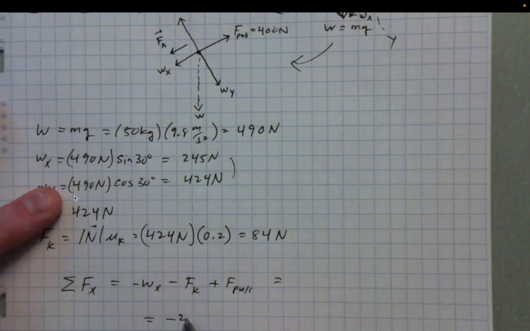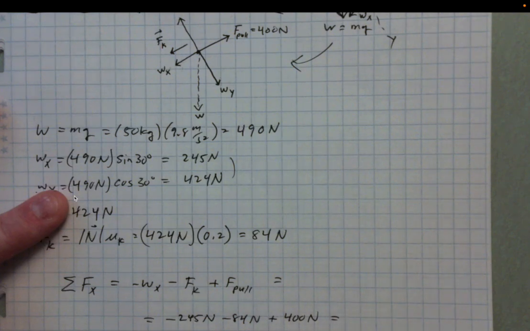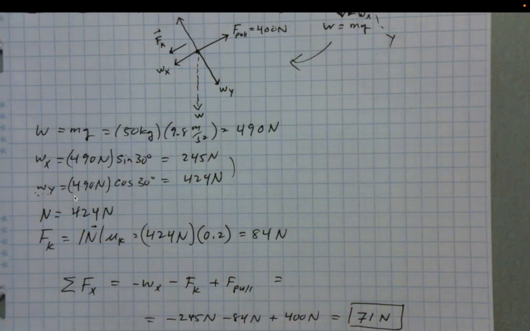So negative 245 newtons minus 84 newtons for the kinetic friction plus 400 newtons, that's the pull force. Add all of those up and you'll see that the net force is 71 newtons, right? So there is a net force in the x direction of 71 newtons, which means the crate will be accelerating up the plane. Okay, and so what is that acceleration?